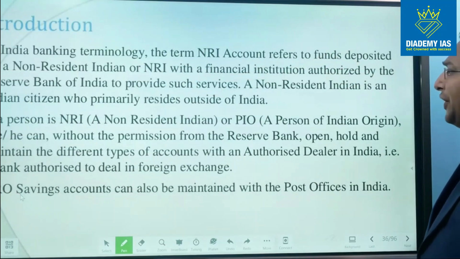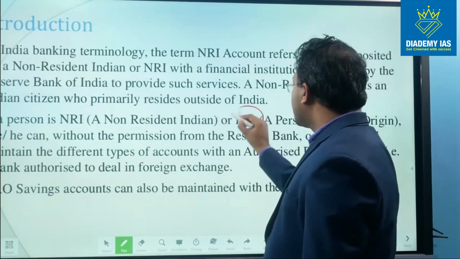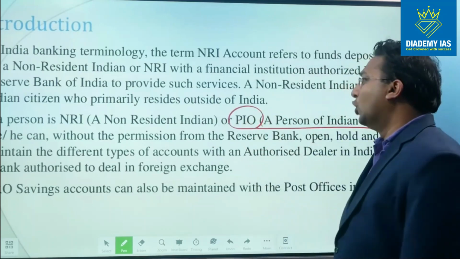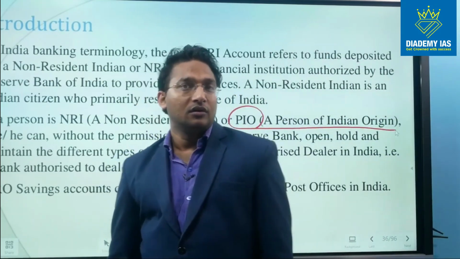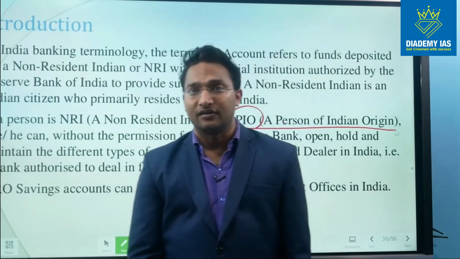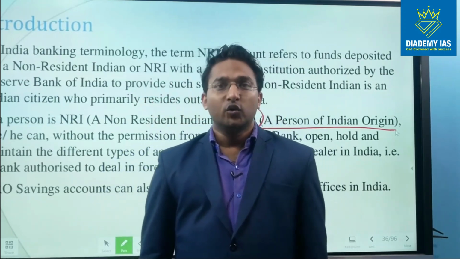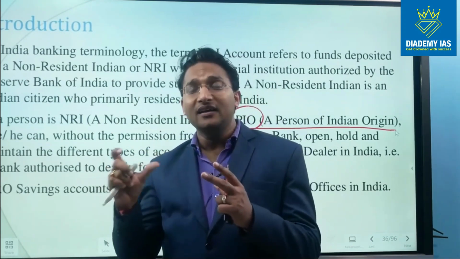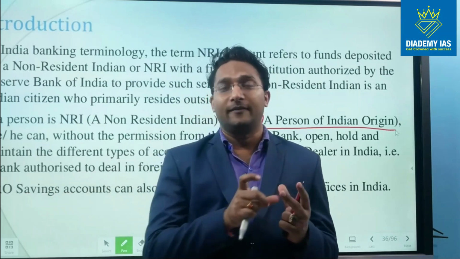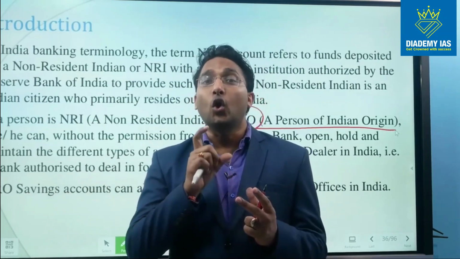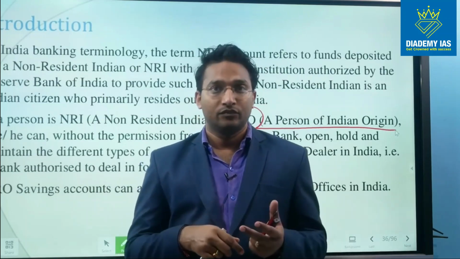So here there is a term which I have not yet introduced, that is person of Indian origin, PIO. So who is a person of Indian origin? A person of Indian origin is a person who is not a citizen of India, right? If we compare PIO with NRI, an NRI is a citizen of India, but a PIO is not a citizen of India. A PIO is no longer a citizen of India, he or she is a citizen of some outside country.